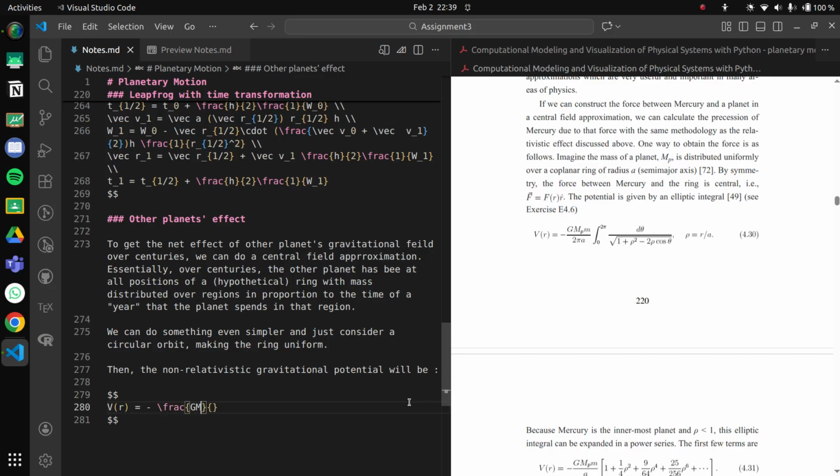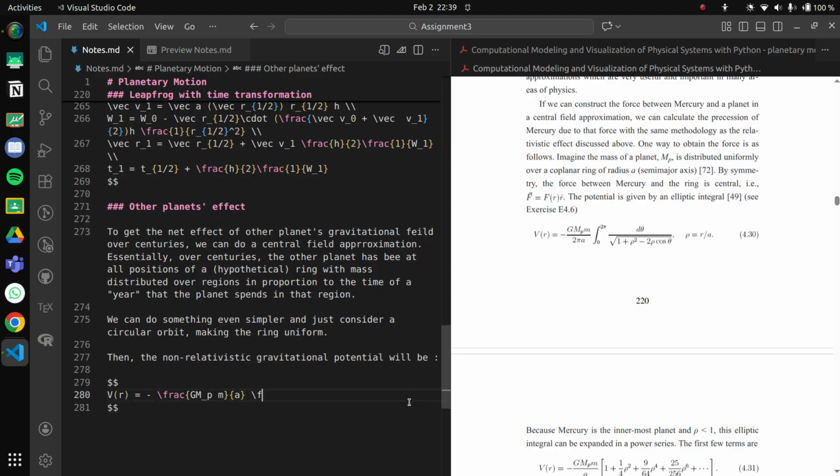So this is G times the mass of the planet times the mass of Mercury upon 2 pi a. Why 2 pi a? By a I get, but why 2 pi? Because 2 pi r, right? Yeah. So it's basically 1 by 2 pi a times the length. So just the integral from 0 to 2 pi.